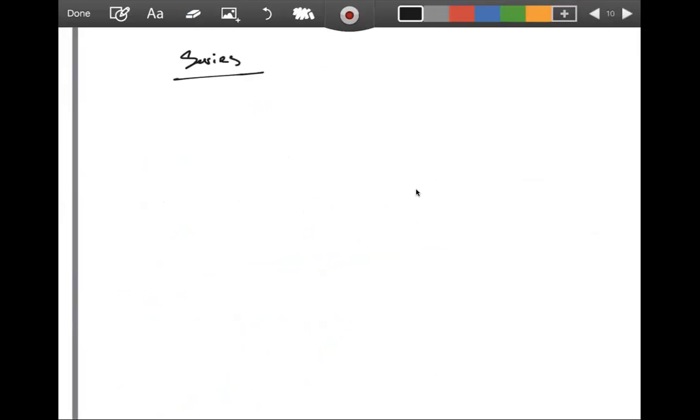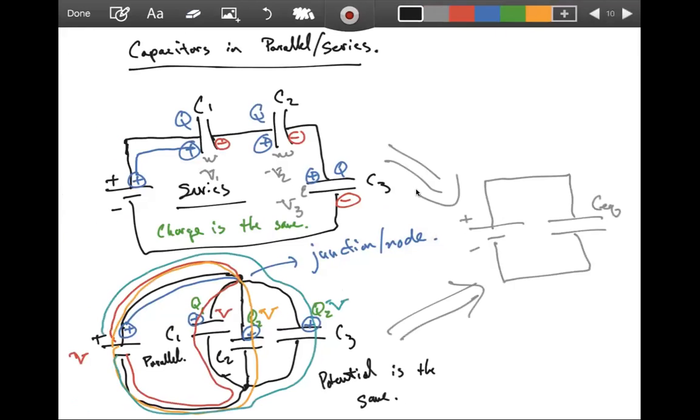Now, again, what I know is that since the amount of charge coming out in series here is identically the same, the charge on this capacitor plate will be exactly the same as on any of these 3 other capacitor plates.